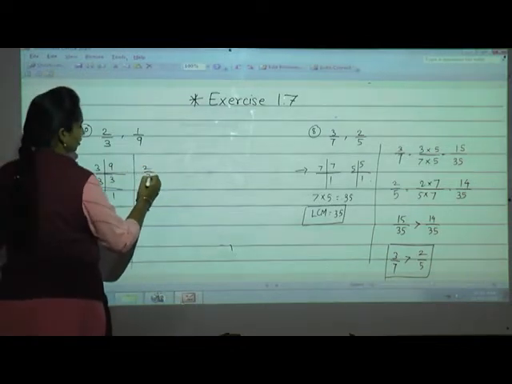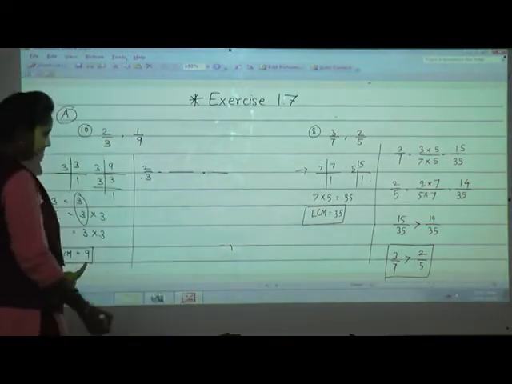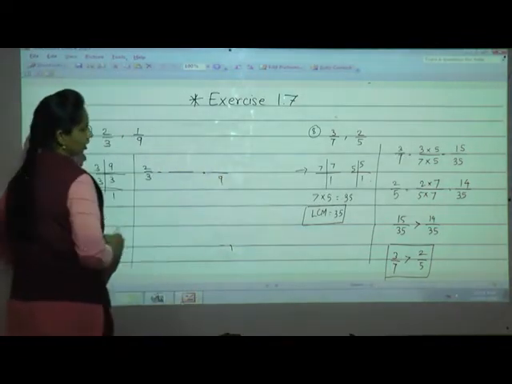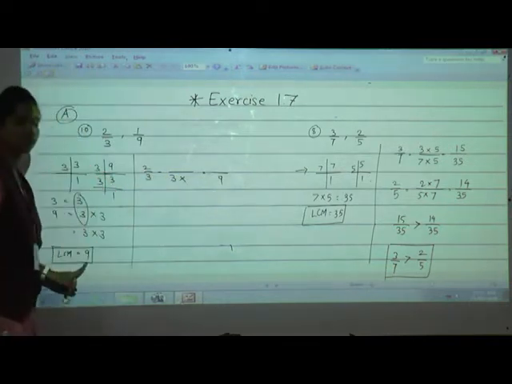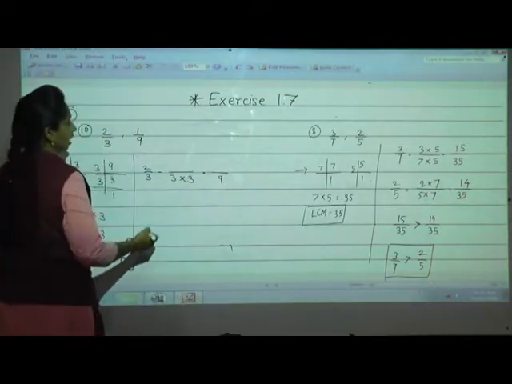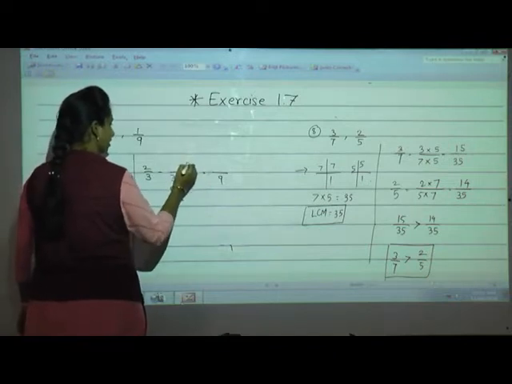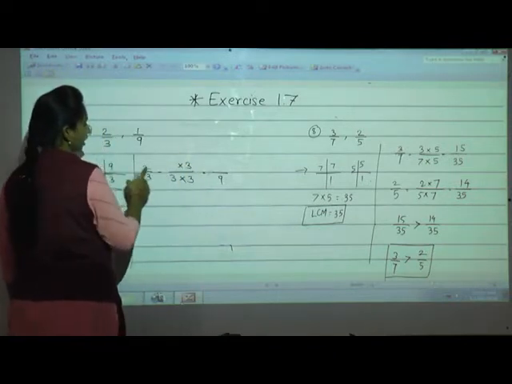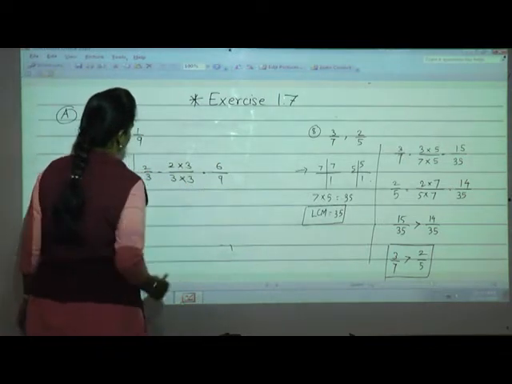2 upon 3. So LCM is what? 9. So write in the place of denominator, and write here 3 as it is. Now what 3s are 9? 3 3s are 9. Now 3 we have taken here in the place of denominator, so take the same in the place of numerator, and 2 as it is. 2 3s are 6.